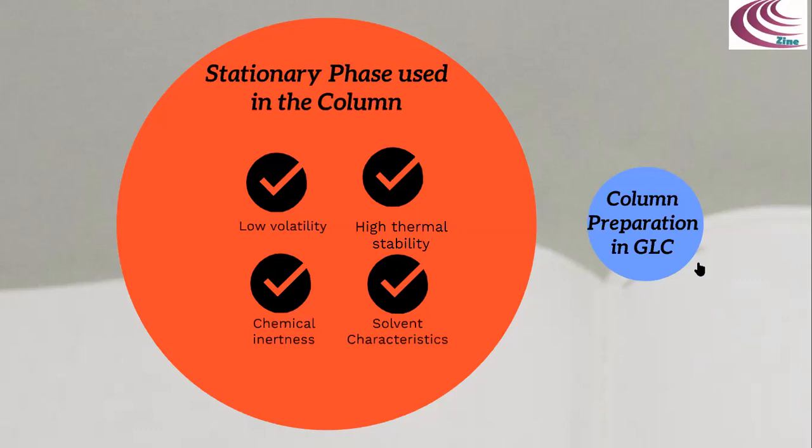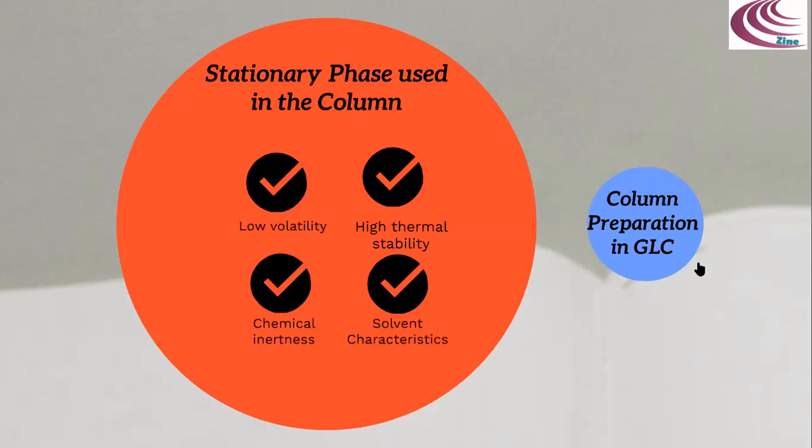These coated support particles are then filled with gentle tapping and shaking into the column so as to provide a uniformly packed column. Special care is taken to avoid channeling, which may otherwise lead to the broadening of the peaks that we have seen in the Van Deemter equation, which are the factors responsible for band broadening, such as coefficient of eddy diffusion, coefficient of longitudinal diffusion, and mass transfer under non-equilibrium conditions.